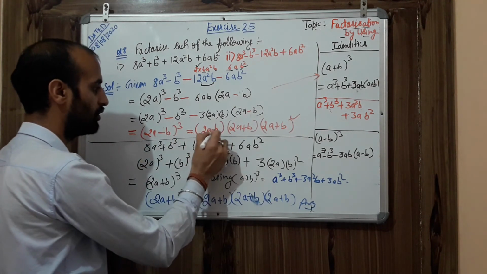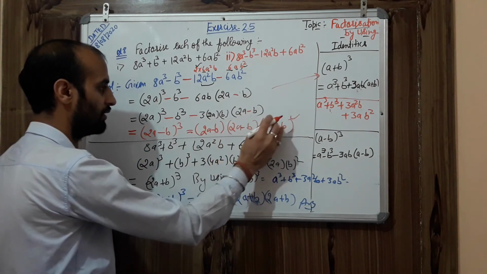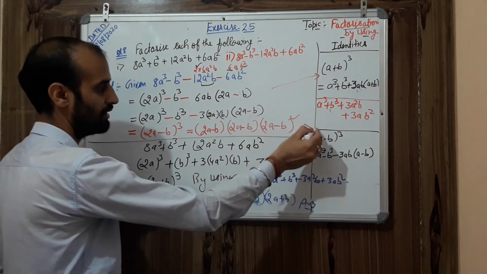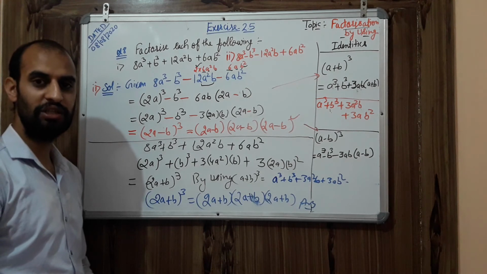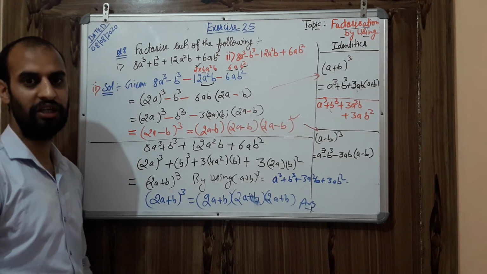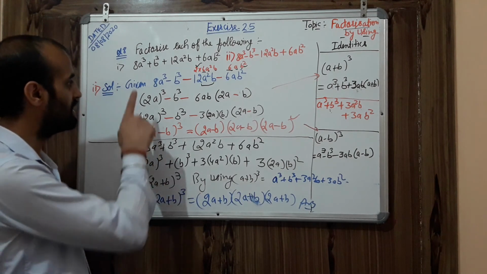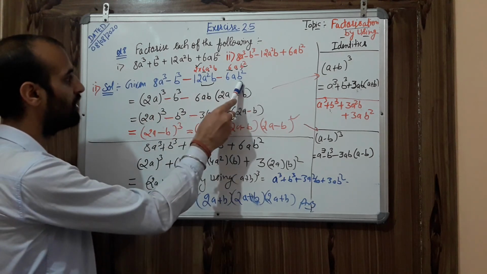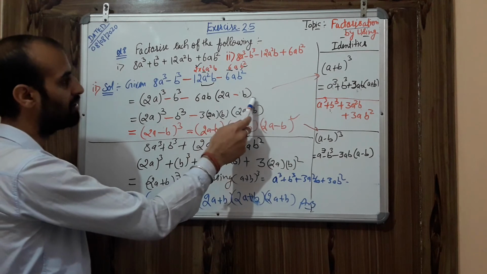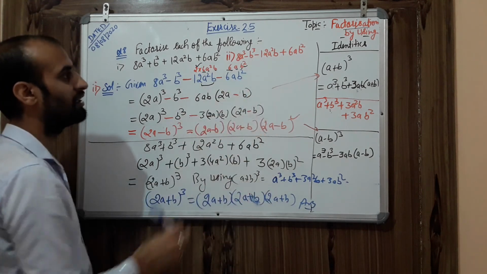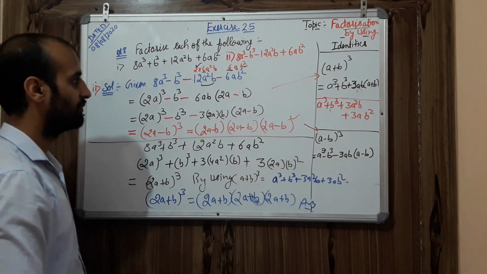But this time you are going to use the second identity, (a minus b) whole cube. Similarly, you can solve the question, you just need to arrange the terms according to the need. Here you can see I have taken minus terms, similarly I have taken common outside, and the terms remain similar because both questions are similar, the change is in sign.